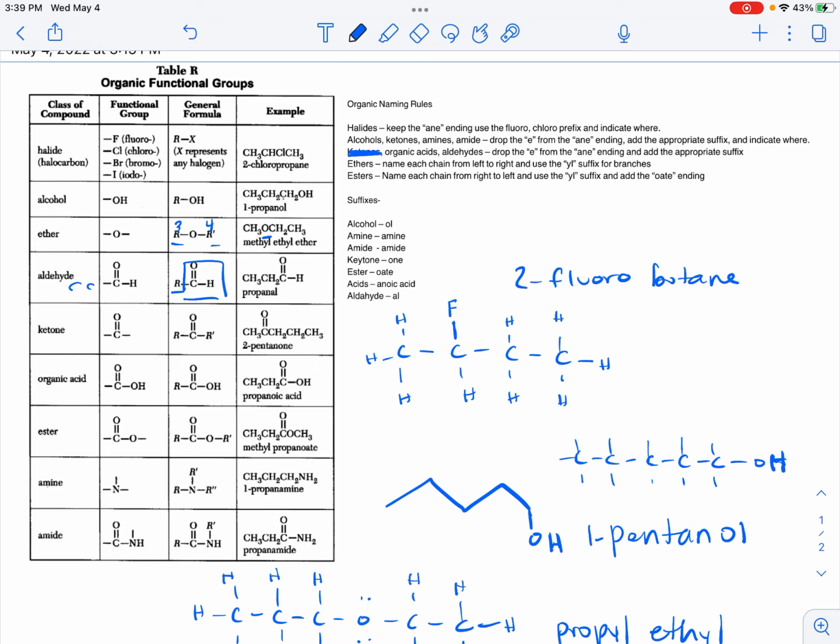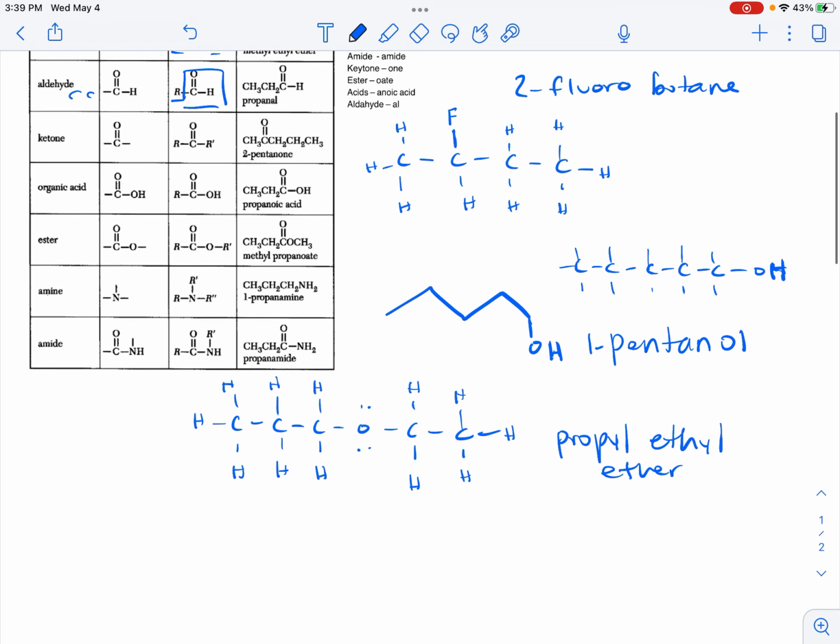So for aldehydes, you can see it's right here. You drop the E from the ane ending and you add the appropriate suffix. And there's no need to indicate where this is because aldehydes are always terminal. They're always at the end of the chain.